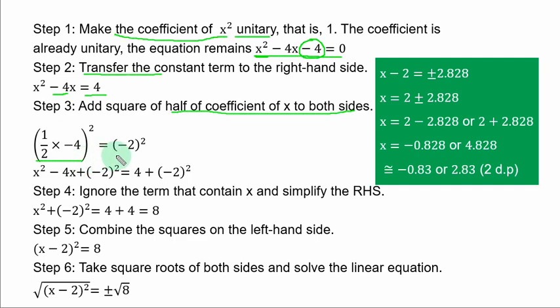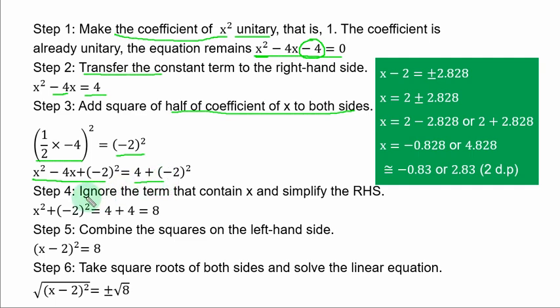So you have (-2) all squared. You add this term to both sides. So the left side is s squared minus 4s plus (-2) squared, equal to the right hand side. You have 4 plus (-2) all squared.